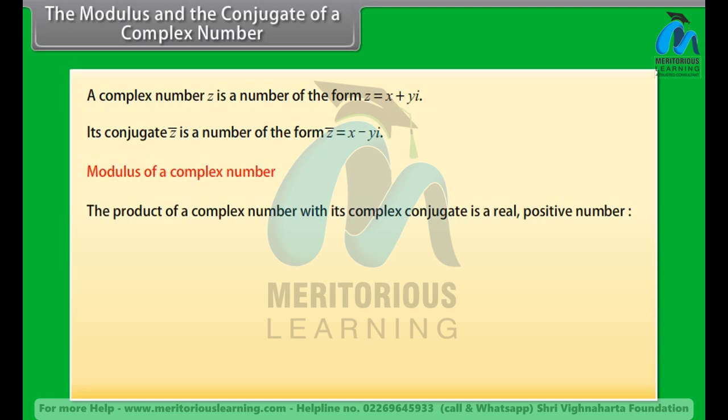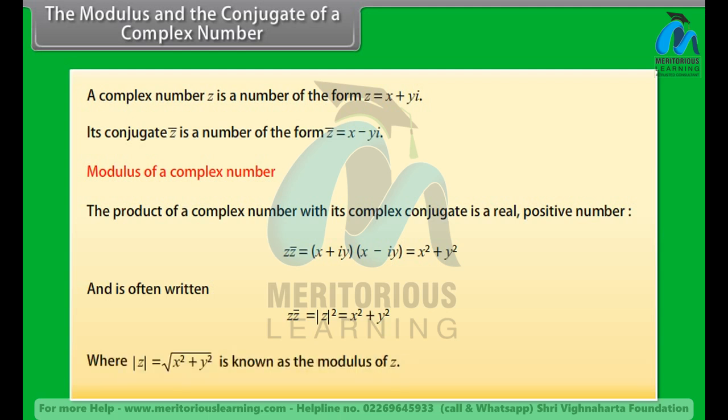The product of a complex number with its complex conjugate is a real positive number, that is, z into z bar is equal to (x plus iota y) into (x minus iota y), which is equal to x square plus y square, and is often written z into z bar is equal to square of modulus of z is equal to x square plus y square, where modulus of z is square root of x square plus y square.